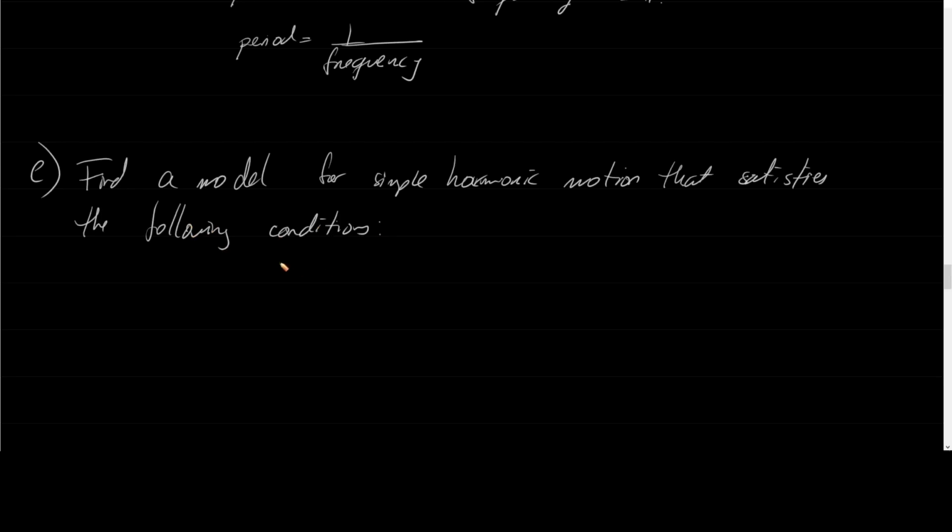We're given that the distance is equal to 0 when t is equal to 0. Not just that, we're told the amplitude is equal to 6 centimeters, and the period is 3 seconds.